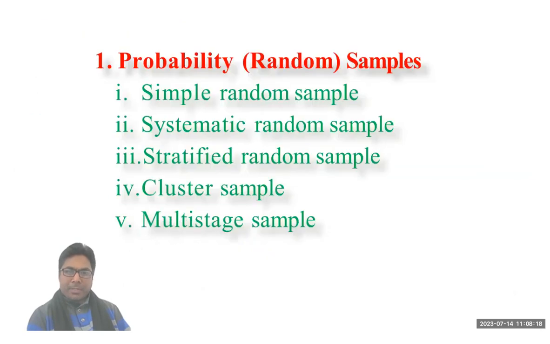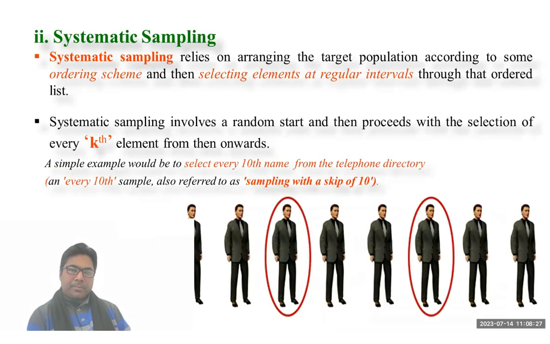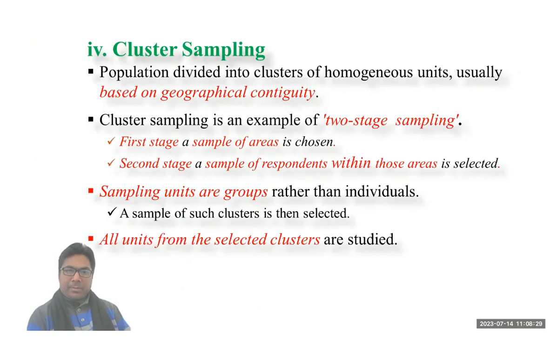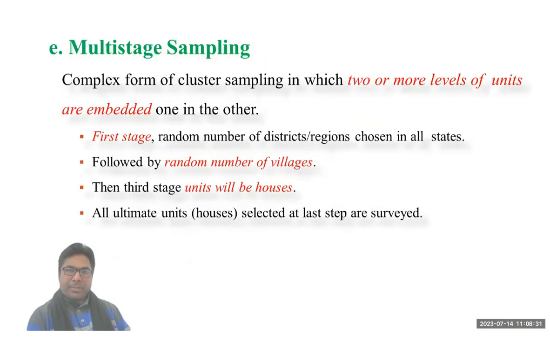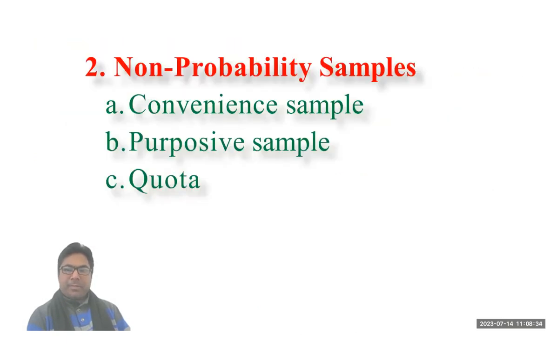So this is what has already been covered. We have already learned the types coming under probability sampling. Now we have non-probability sampling.